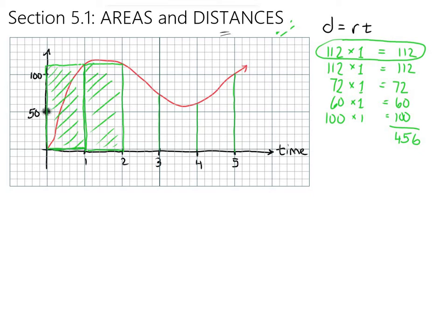The third hour, we were assuming like a 72, so the top of the rectangle goes about right there. Bottom's there. And there's a 1 by 72, so an area of 72. And this one, the fourth one, we were assuming 60. And notice when I draw the top of that rectangle, it kind of cuts through the function, but that's all right.